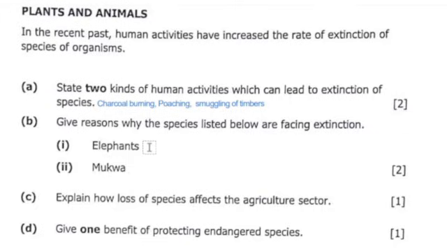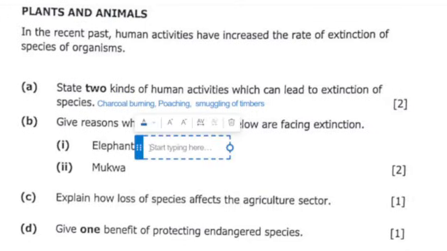We come to question 8B, which is: give reasons why the species listed below are facing extinction. So why are elephants being killed? The elephants are not killed for their meat, but for their tusks.